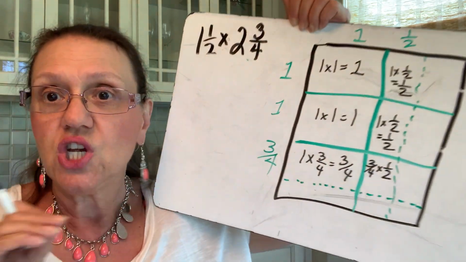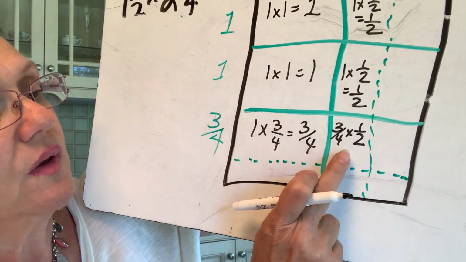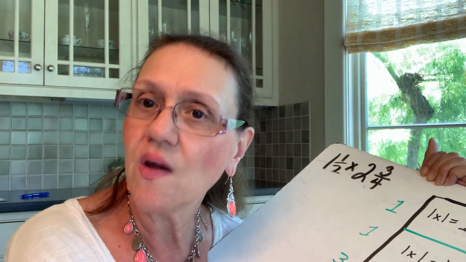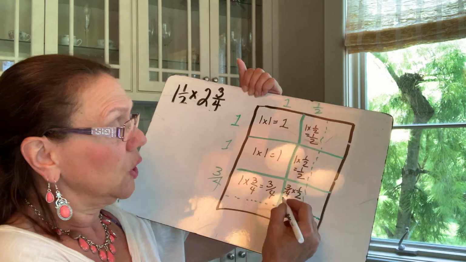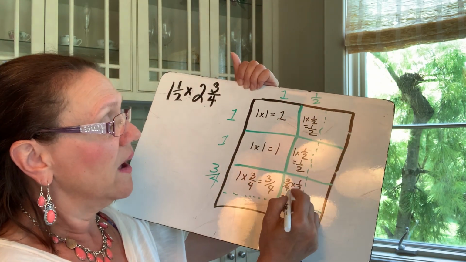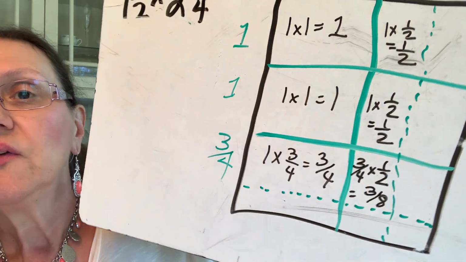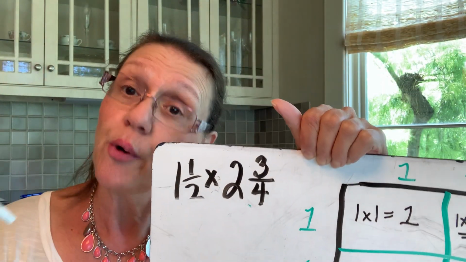Now, just FYI, this is the little bit that you miss when you separate the whole numbers and the fractions. So if we do that, we have 3/8.